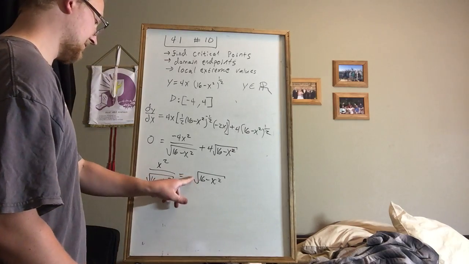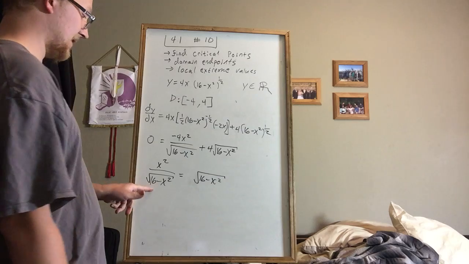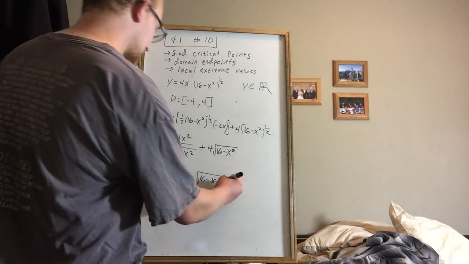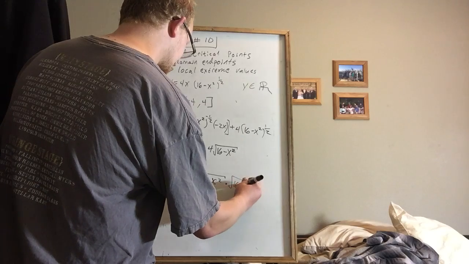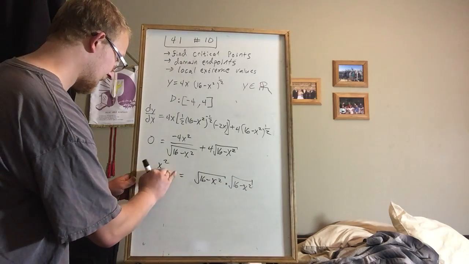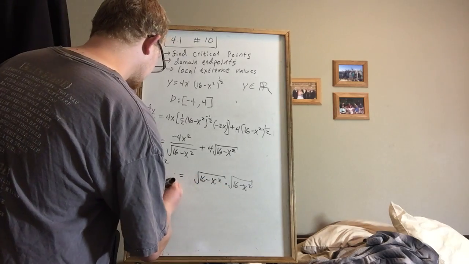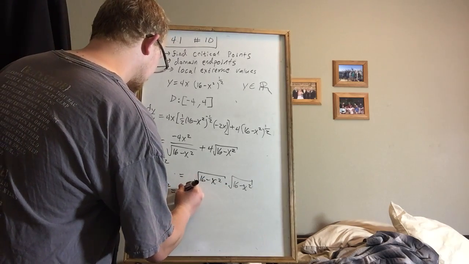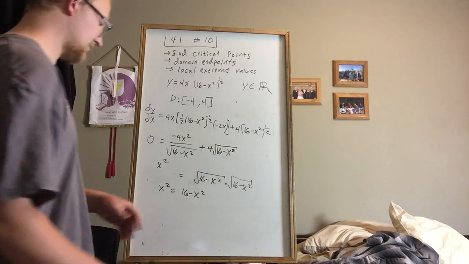Then we could also multiply both sides by the root of 16 minus x squared. That would cancel it here. And then also what would happen is two square roots of the same thing are going to equal that thing not under the square root. So that's what we're left with.